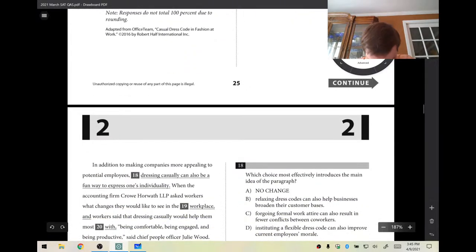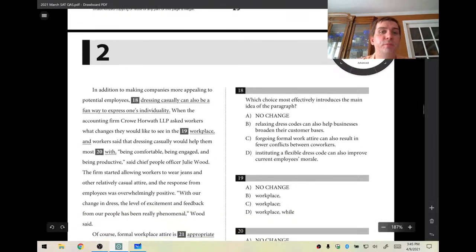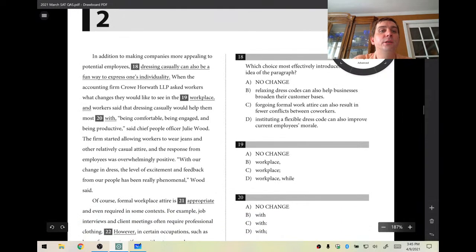All right, let's look at 18. Which choice most effectively introduces the main idea of the paragraph? I'm going to read the sentence as written. In addition to making companies more appealing to potential employees, dressing casually can also be a fun way to express one's individuality.